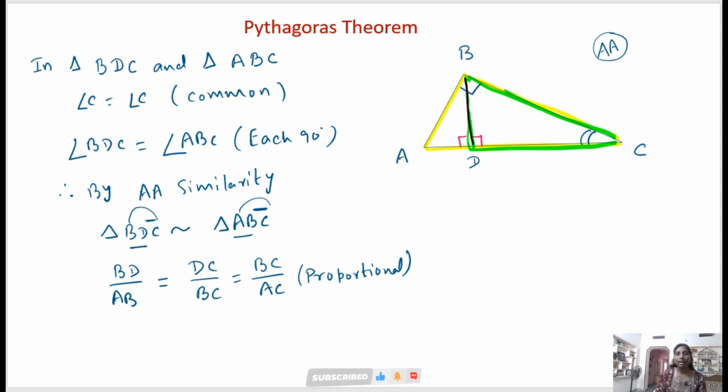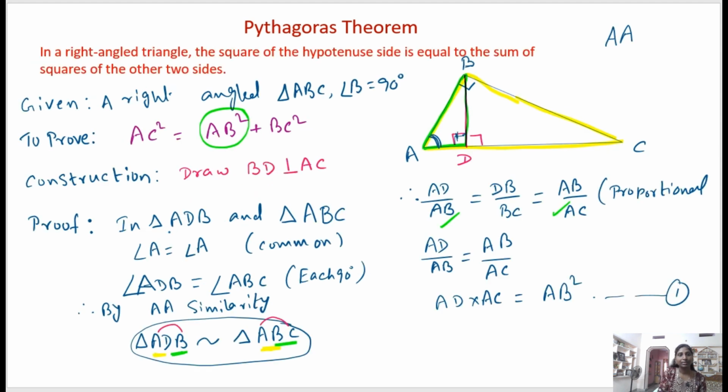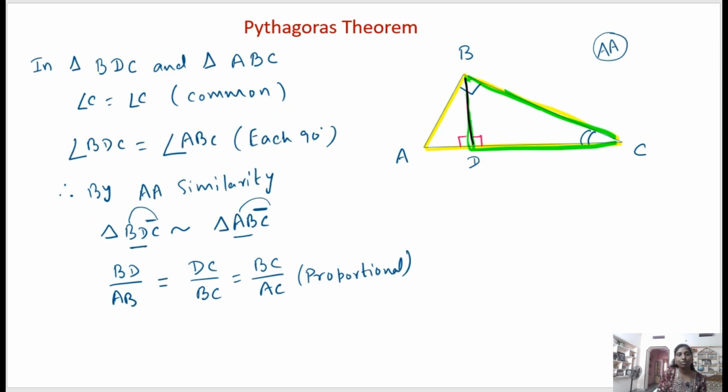But we need only two ratios so that we could find this one. See, in the last slide we wanted BC square. Okay. So from which two ratios can we get BC square?